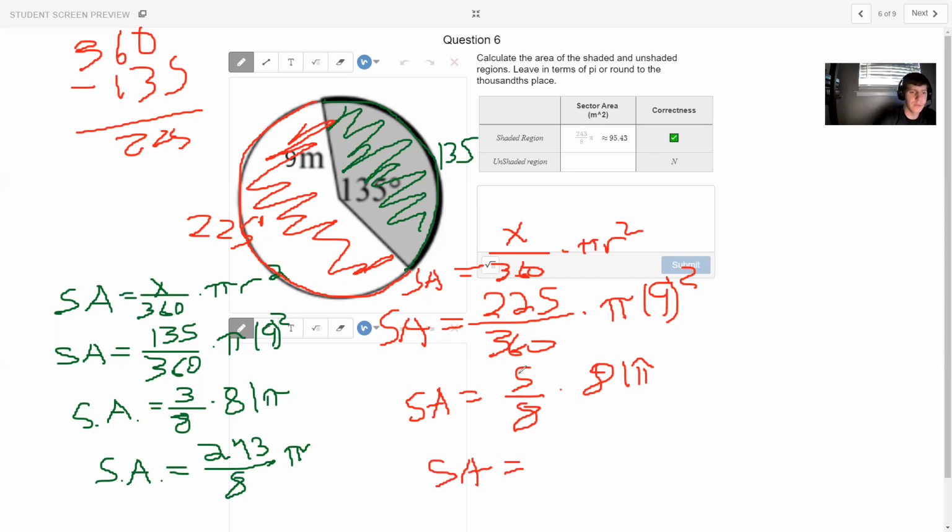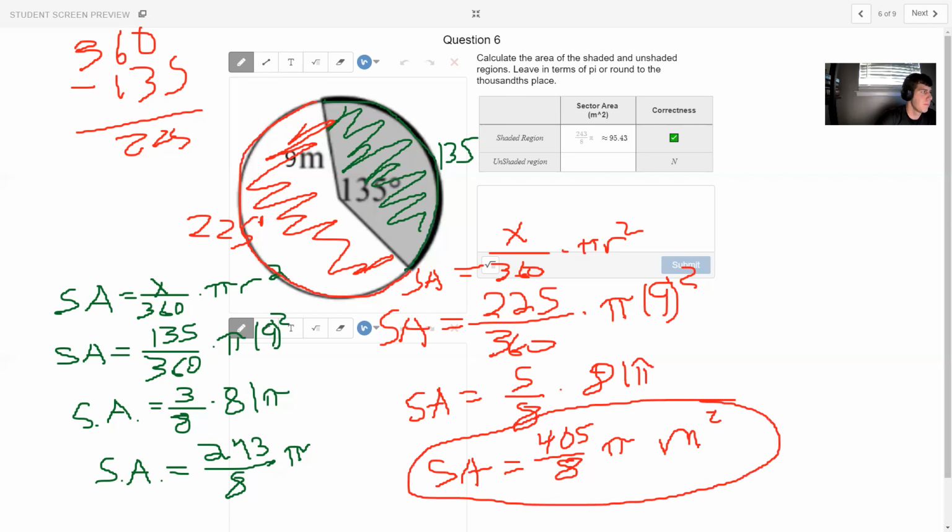And then 80 times 5 is 405, plus 5, so 405/8. Does not look like it can be reduced. So it looks like that's going to be our answer. And this should be meters squared, because again, area is 2-dimensional.